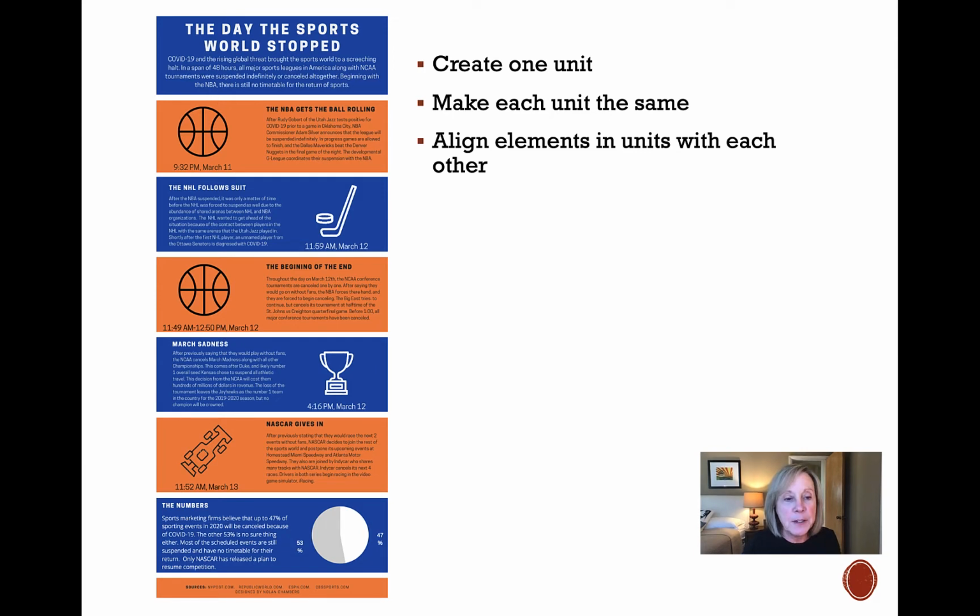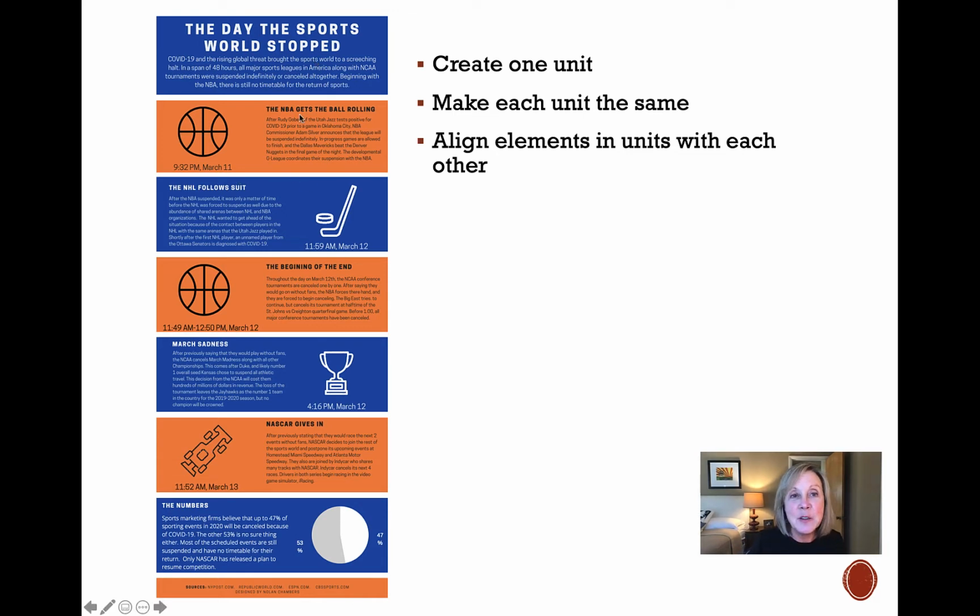An infographic that a student made, and he actually designed this himself in InDesign, but he did exactly what I just talked about. His infographic was on what happened with sports the day sports stopped, and he's done a kind of timeline.